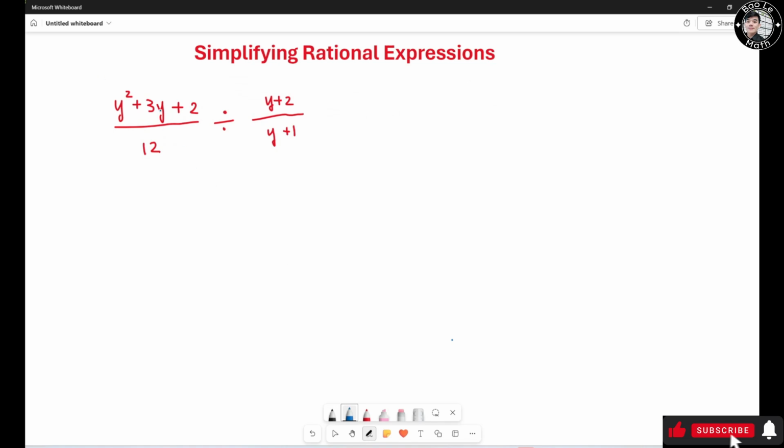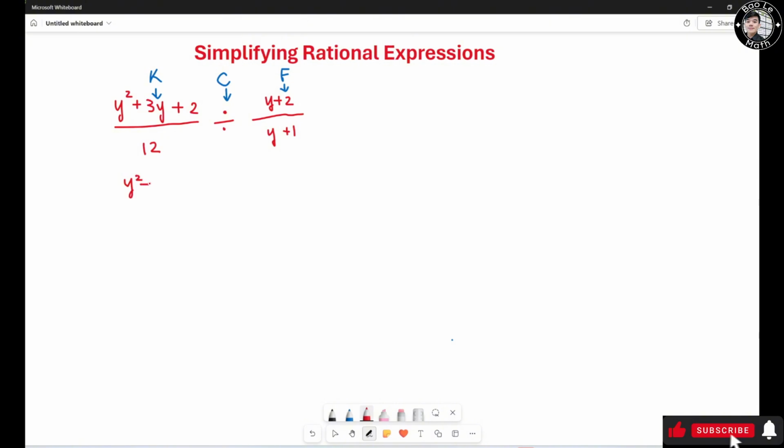Alright, let's move on to the next example. Y squared plus 3y plus 2 over 12 divided by y plus 2 over y plus 1. Alright, so we're gonna apply KCF rule, right? So this is K, this is C, and this is F. KCF, which means keep, change, and flip. Now you need to keep the first one, so just rewrite the first one.